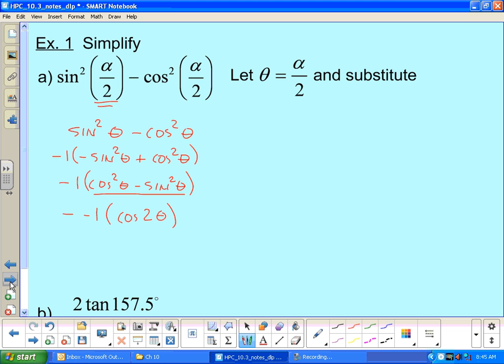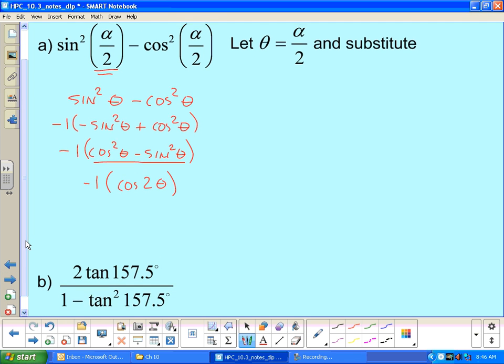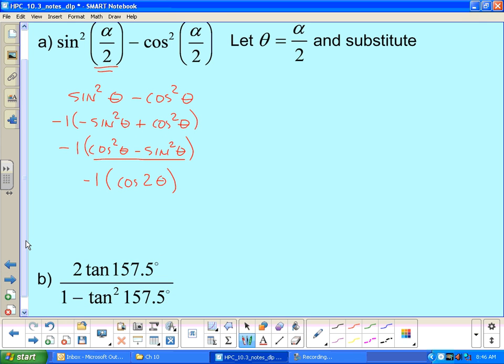So we can just rewrite it as cosine of 2 theta. And then, I don't know where this double negative came in here. And then we resubstitute.